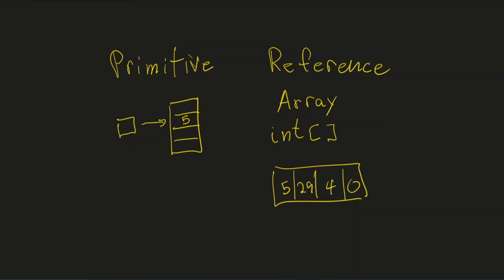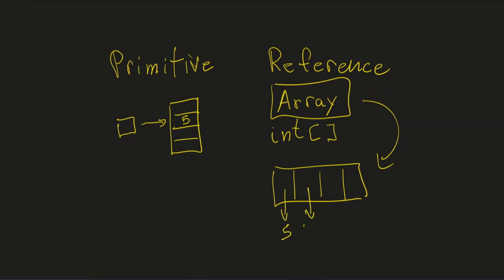But more accurately, what this is, is an object that points to a collection of references. So here we don't have a 5, a 29, a 4, or a 0. What we have is something that points towards a 5, a 29, a 4, and a 0. I hope this has been illustrative.